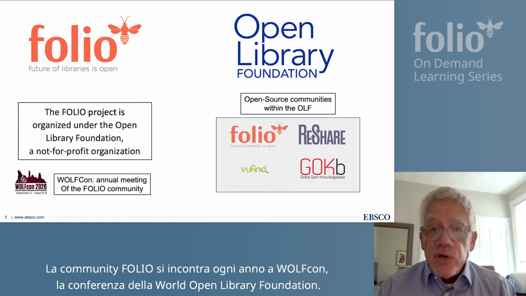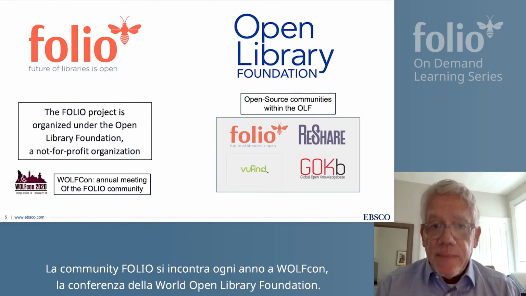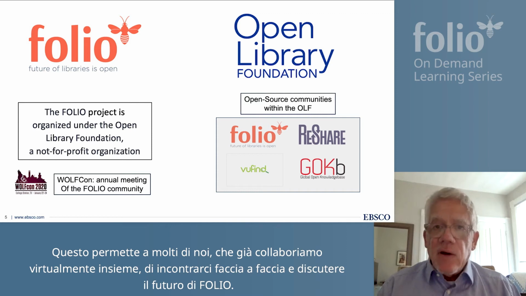The FOLIO community meets annually at a conference called WolfCon, the World Open Library Foundation Conference. And so that allows a lot of us who work virtually together to meet face-to-face and discuss the future of FOLIO.